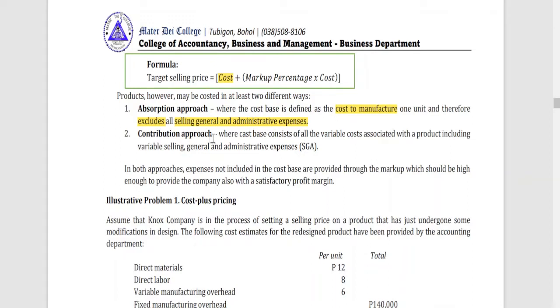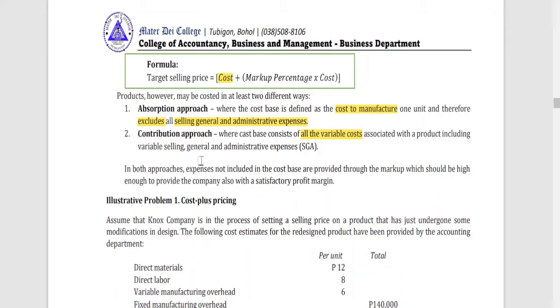Meanwhile, the contribution approach bases its pricing on the cost, which consists of all the variable costs associated with a product, including the variable selling, general, and administrative expenses.